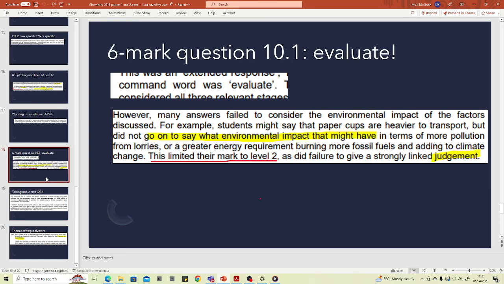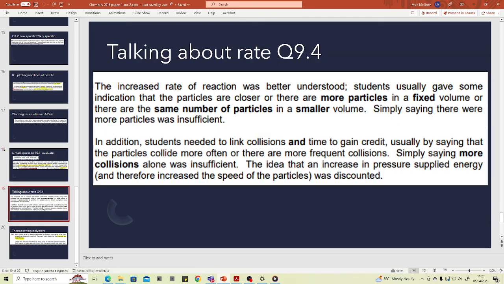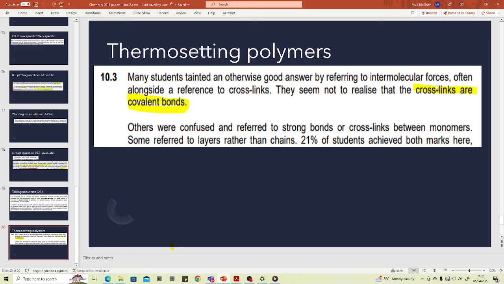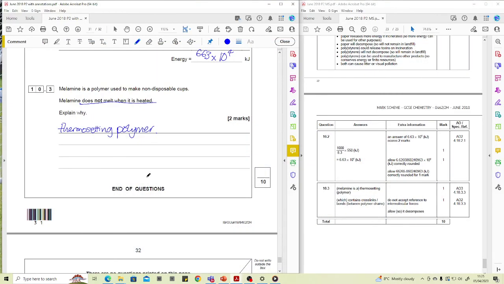Oh yeah, do evaluate, make a judgment about these paper cups. And then thermosetting polymers, yeah, here we go. So it says many students tainted an otherwise good answer by referring to intermolecular forces alongside a reference to crosslinks. Crosslinks are covalent bonds. Okay, that's it. Thank you, everyone.